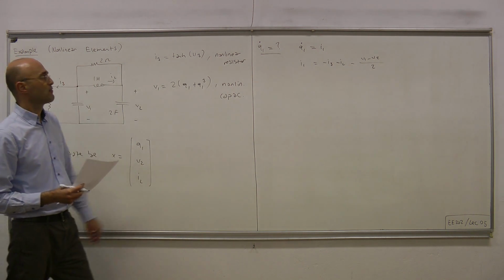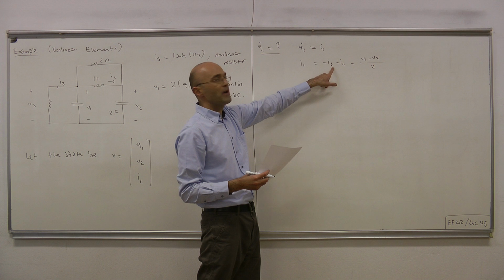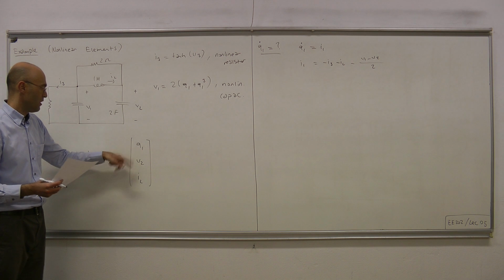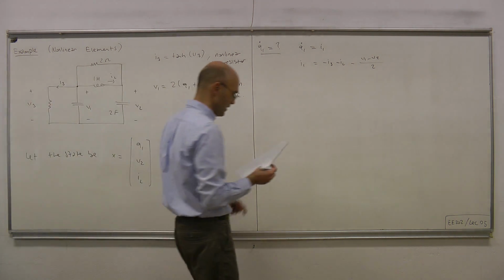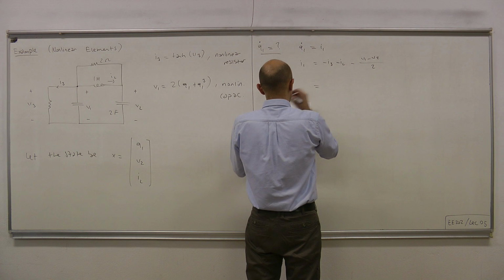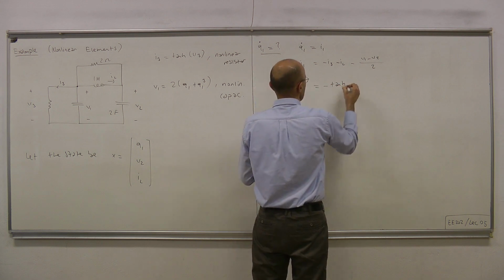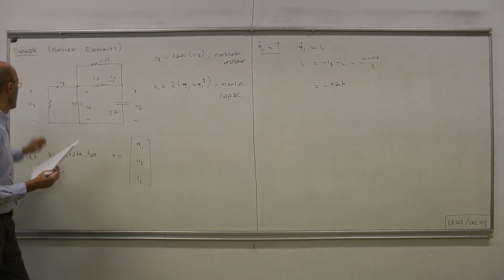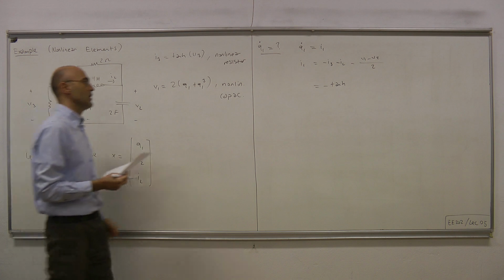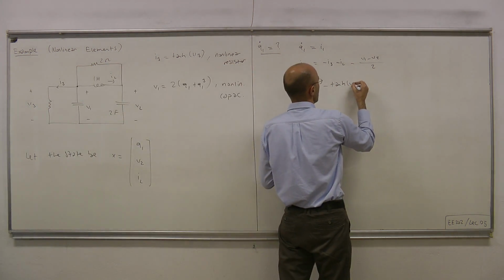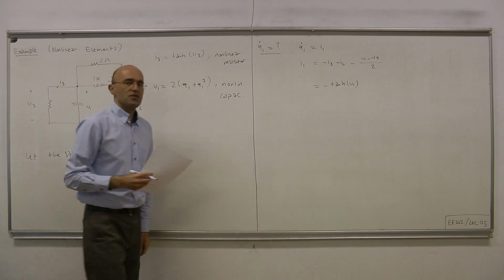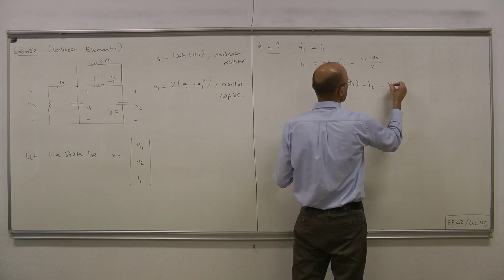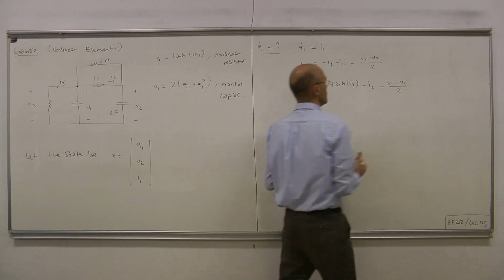Now, we're not done yet for Q1 dot because we have to somehow express I3 and V1 in terms of our formulation variables. I3 equals minus tanh V3, and V3 is no other than V1, so we can write minus tanh V1 minus IL minus (V1 minus V2) over 2.